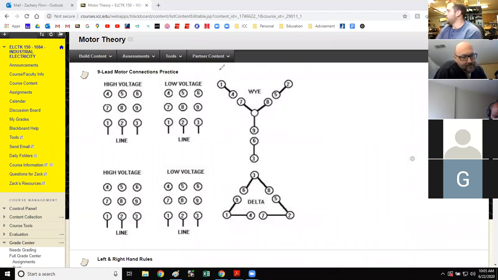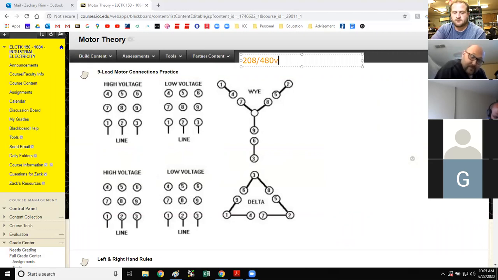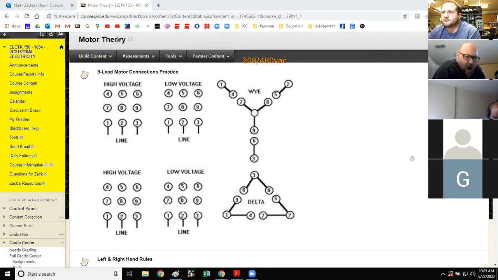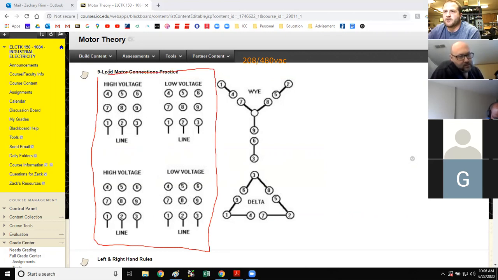It's a 208/480 motor. Its nameplate drawings are filled in.